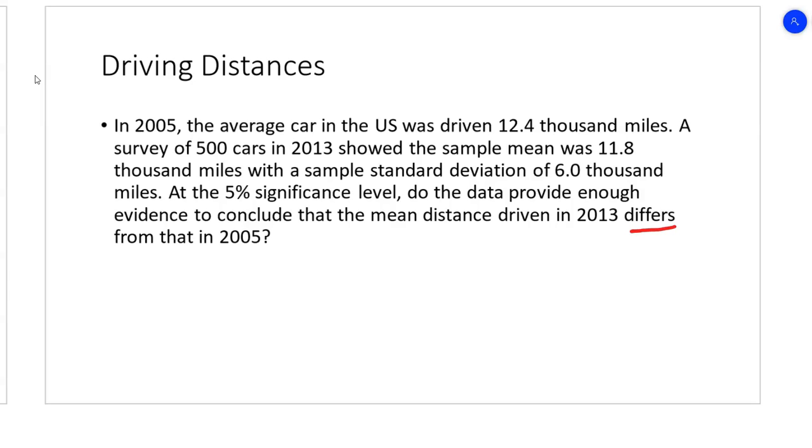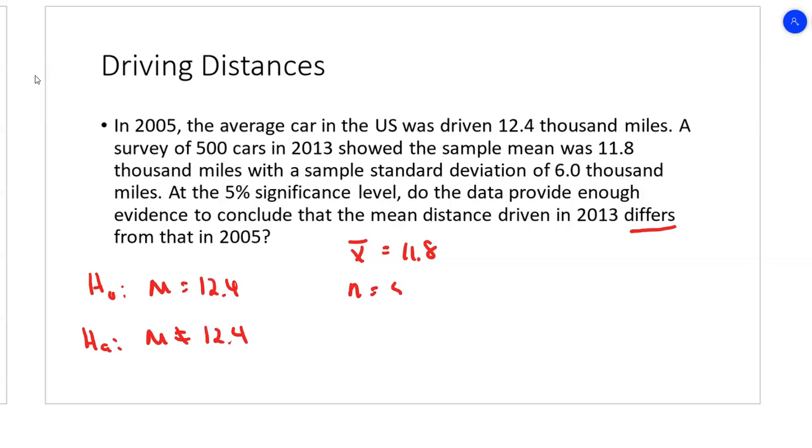Why is it a key word? Because that's what I'm going to use to set up my hypothesis. The null hypothesis is that the mean is 12.4. The alternative hypothesis is simply that the mean is not 12.4. Okay? What do I know? I know the sample mean is 11.8. I know that the number of cars driven was 500.